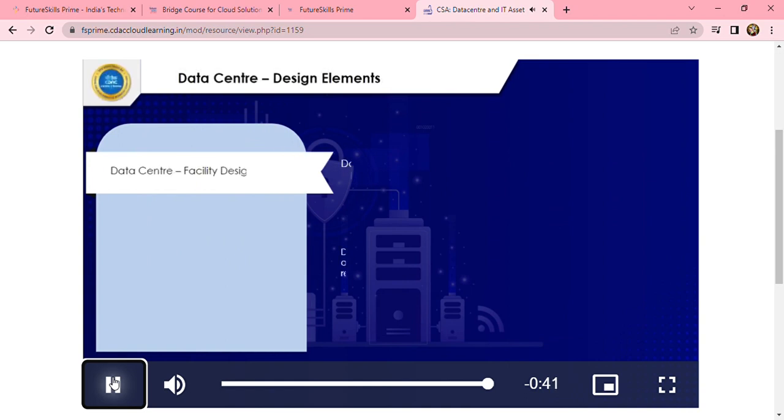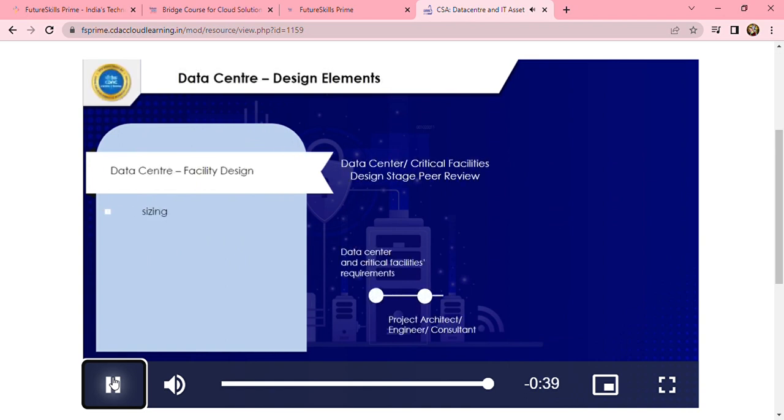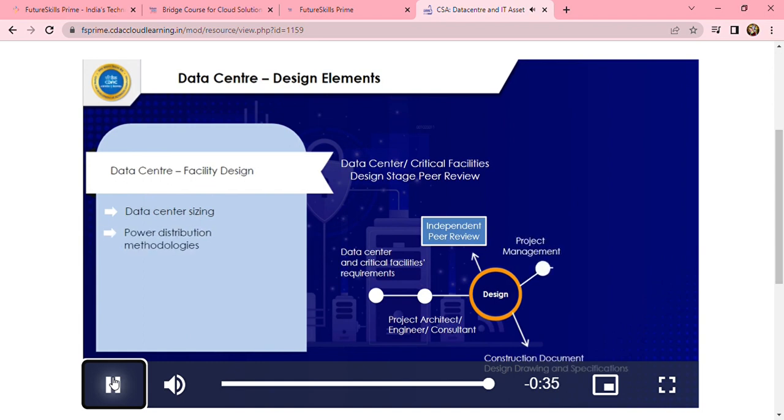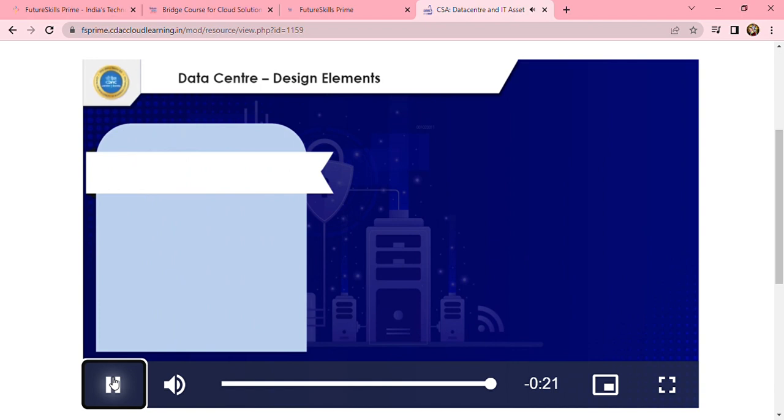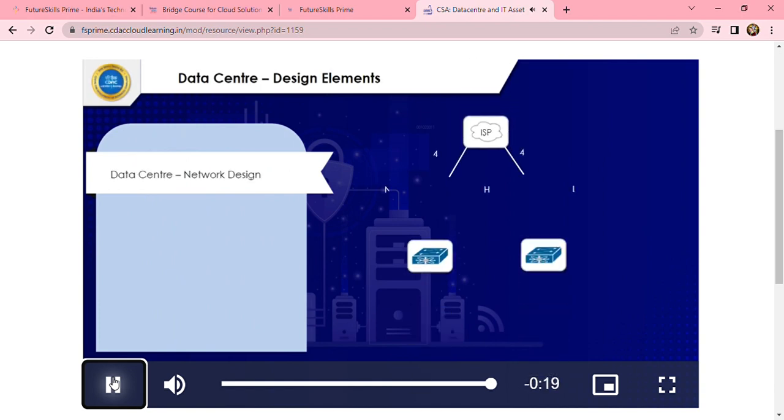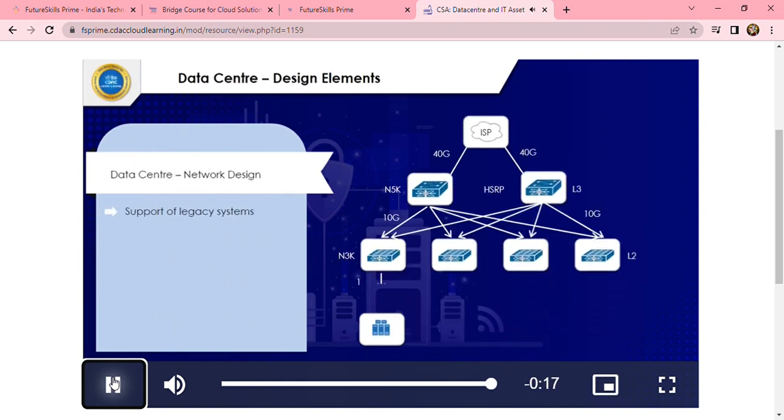Data center facility design: data center sizing, power distribution methodologies, pathways and spaces, HVAC, security, operations and administration, flexibility, scalability, reliability and space management. Data center network design: support of legacy systems, support for 10 GBE and 10 plus GBE.